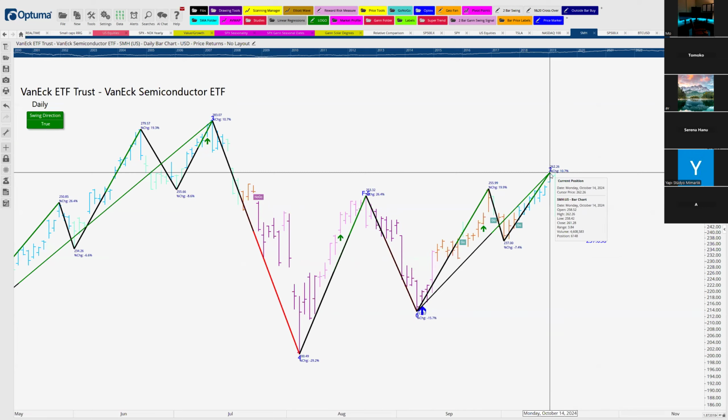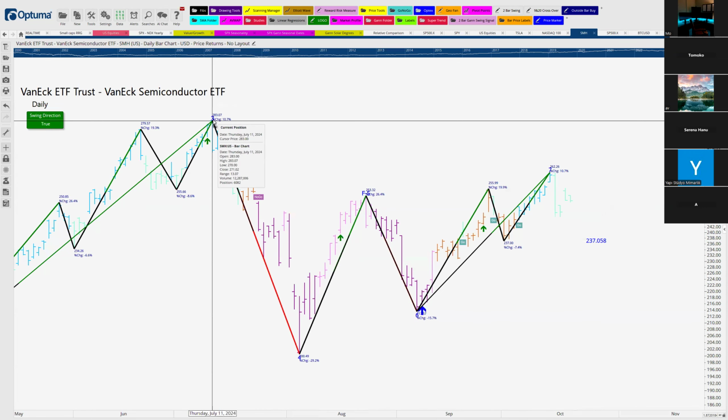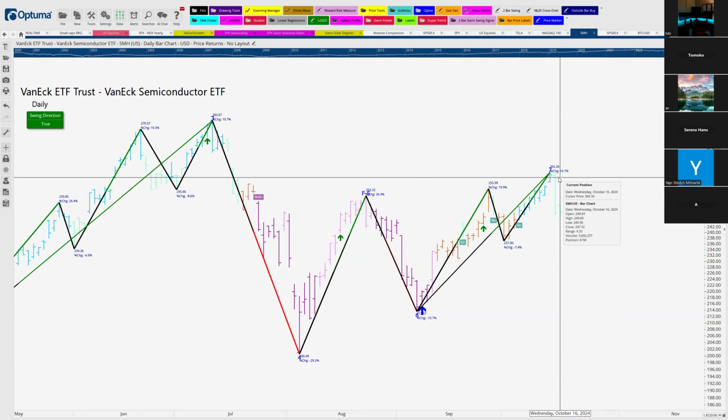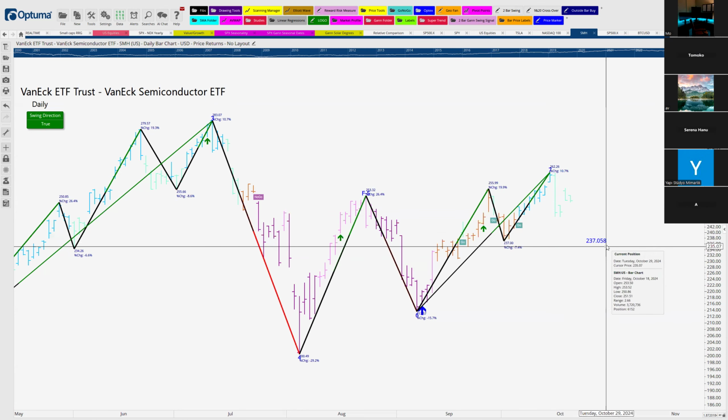So if this seventh right there takes out this three, it really doesn't matter. It's still going to stay at 7. And from here, it's looking for this eighth swing to the downside.